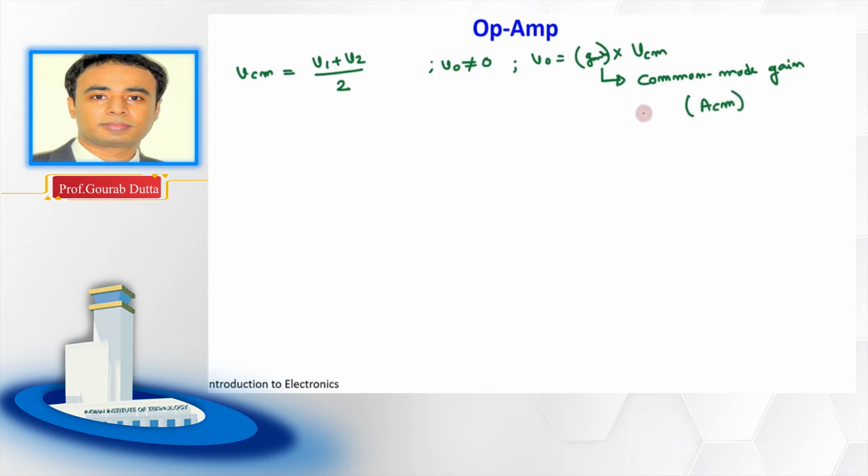But do you expect this common mode gain from any op-amp? No. Ideally we expect the common mode gain to be equal to 0. But in a practical op-amp, this common mode gain does exist. Even though this value may be low, it does exist. Fine. So you understand then what is ACM? ACM is nothing but the output voltage by the common mode input voltage.